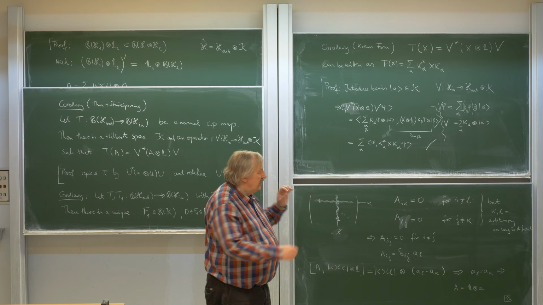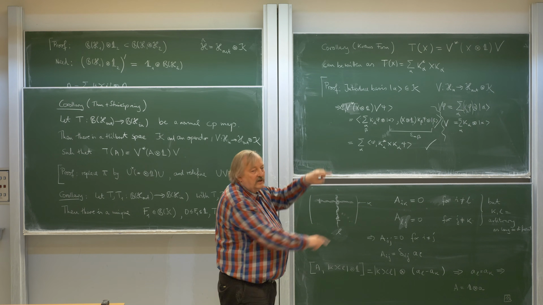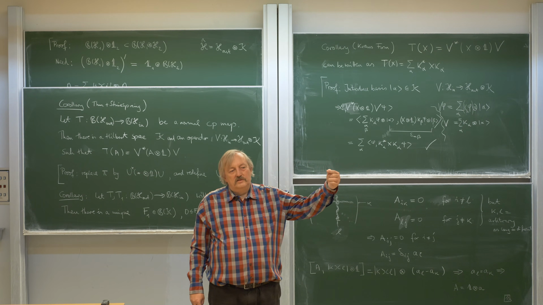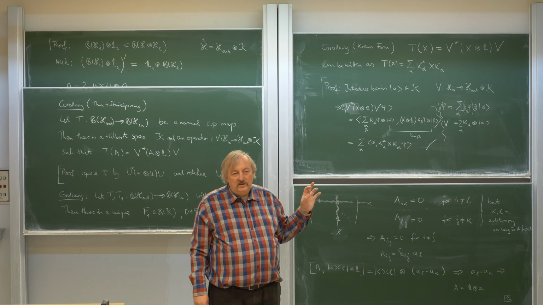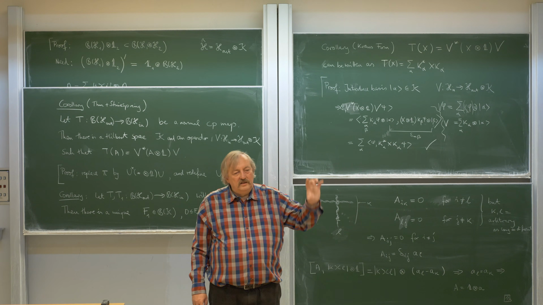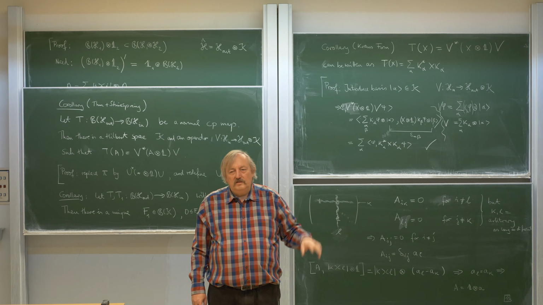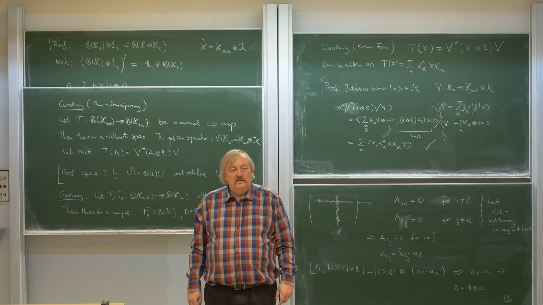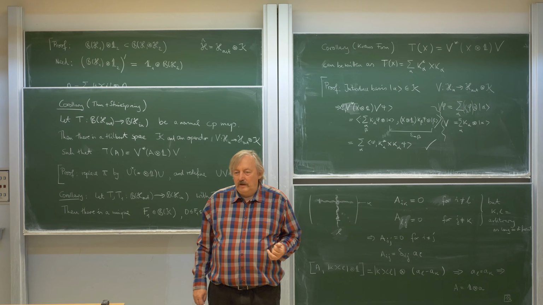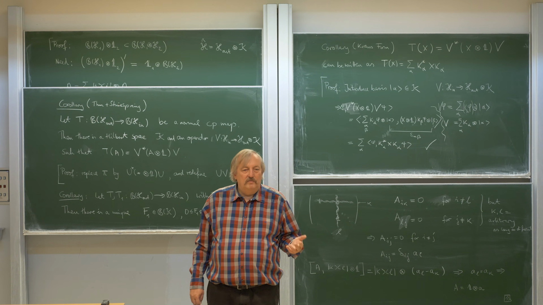Think of the picture: pure state, one leg passes through the channel. So the pure state is on H in tensor H in, and we get H in tensor H out. So the product of the dimensions is the upper bound on the rank that I might need. And in some examples, you do need that.